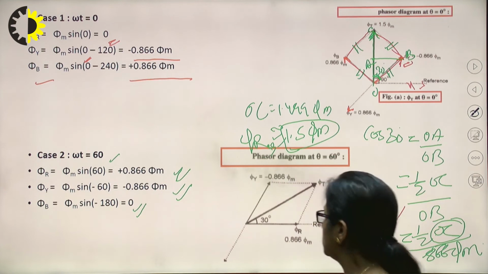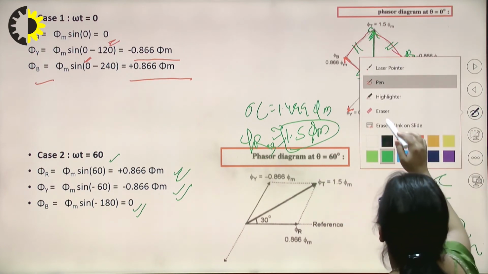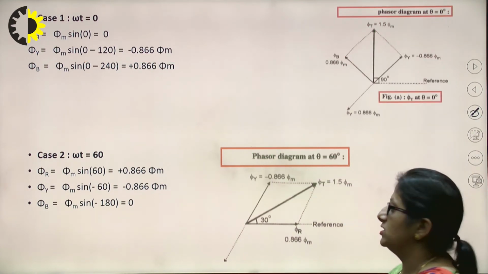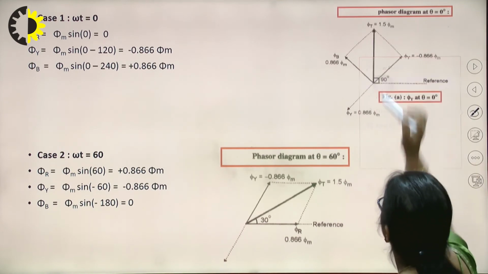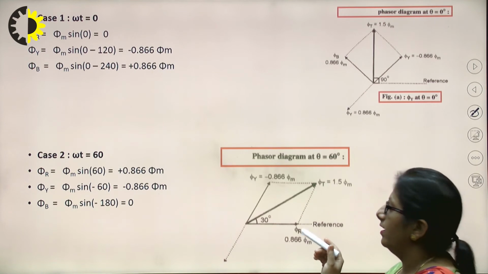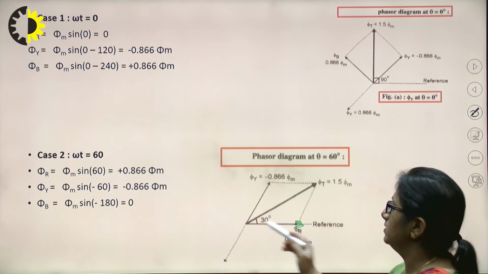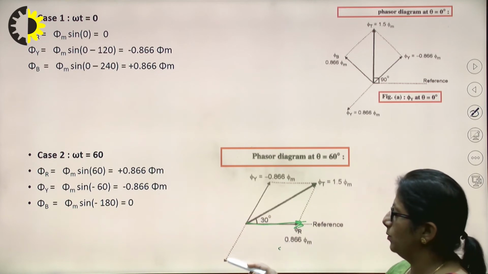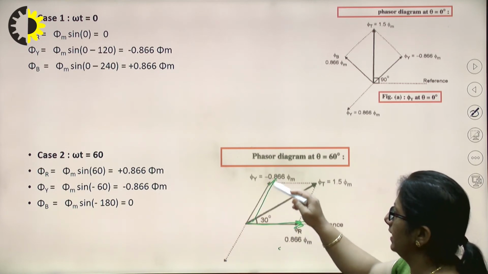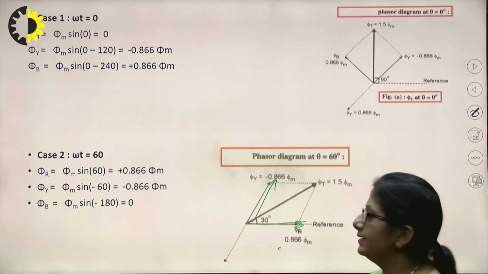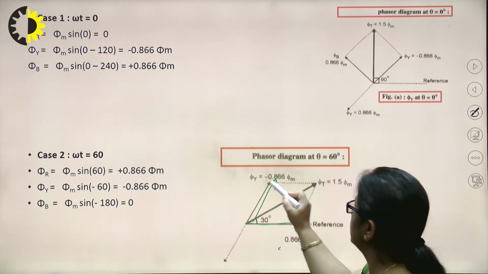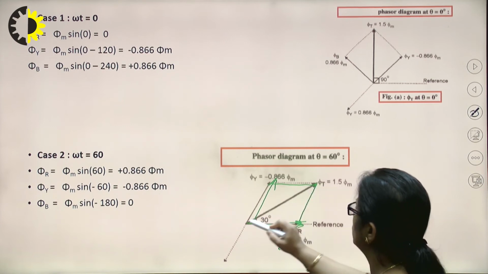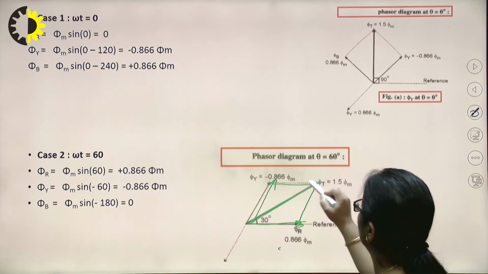Now for this, phi r is positive, so we have gone for this. Phi y is once again negative, right? This was the positive, so phi y negative is once again upward. Phi b is 0, so we need not represent that. Once again, the resultant would be of these two, so the resultant will lie over here.